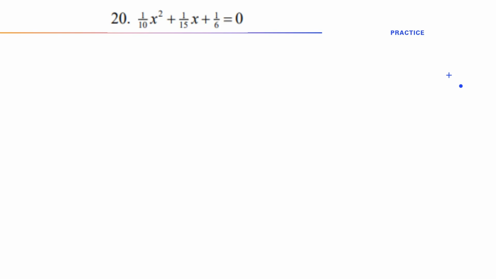We can find the least common denominator, so we can simplify those fractions or convert those fractions into a nice number to work with. So we have the denominators. The first one is 10, rewrite as 2 times 5. 15 rewrite as 3 times 5. And then 6 rewrite as 2 times 3.